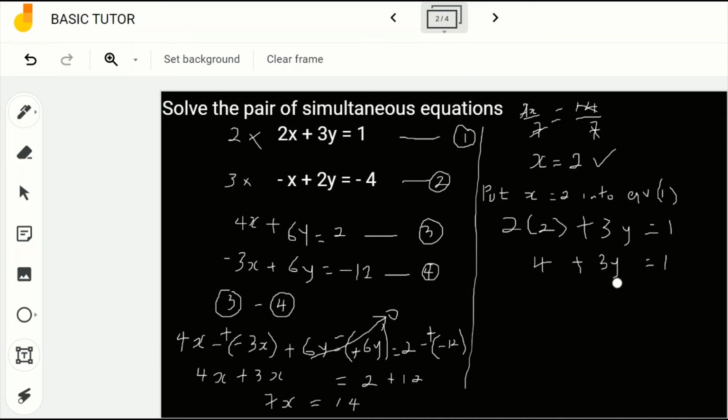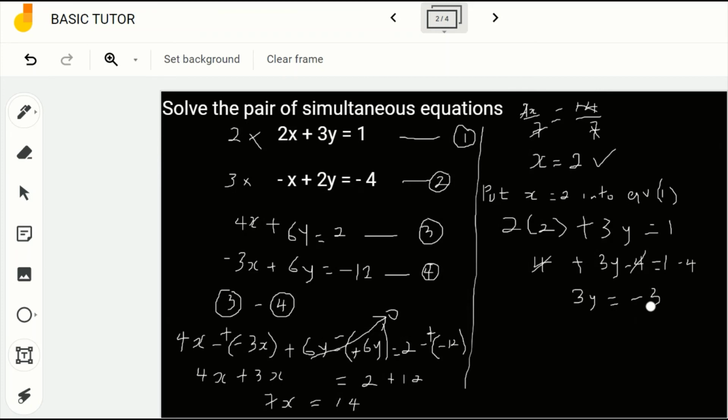To get my 3y on its own, I can subtract 4 from both sides: minus 4 on the left hand side, minus 4 on the right hand side. 4 minus 4 is gone, so I am left with 3y equal to 1 minus 4, which is minus 3.